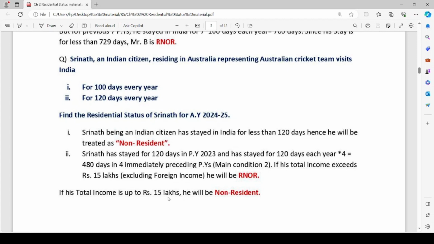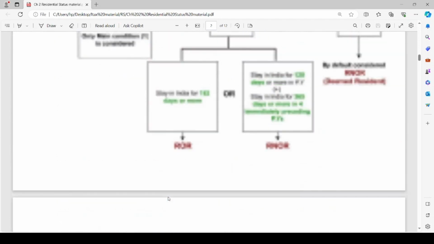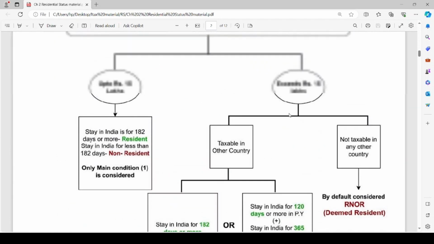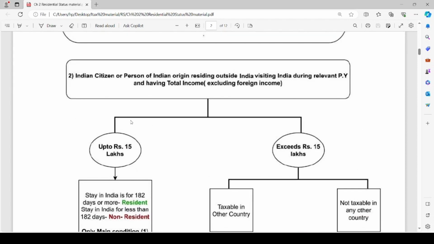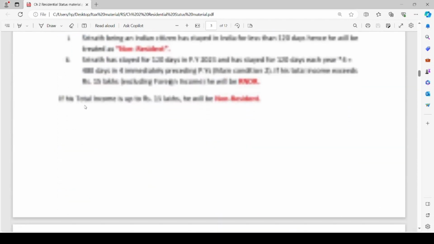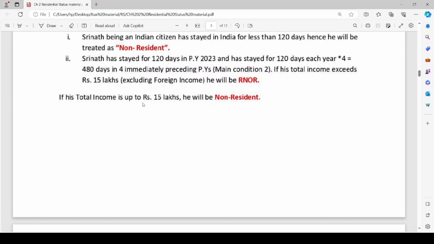That means his total income has not exceeded rupees 15 lakhs. In such a case, since Srinath's stay in India is for less than 182 days, he will be considered non-resident. If his total income is up to rupees 15 lakh, Srinath will be considered as a non-resident individual.